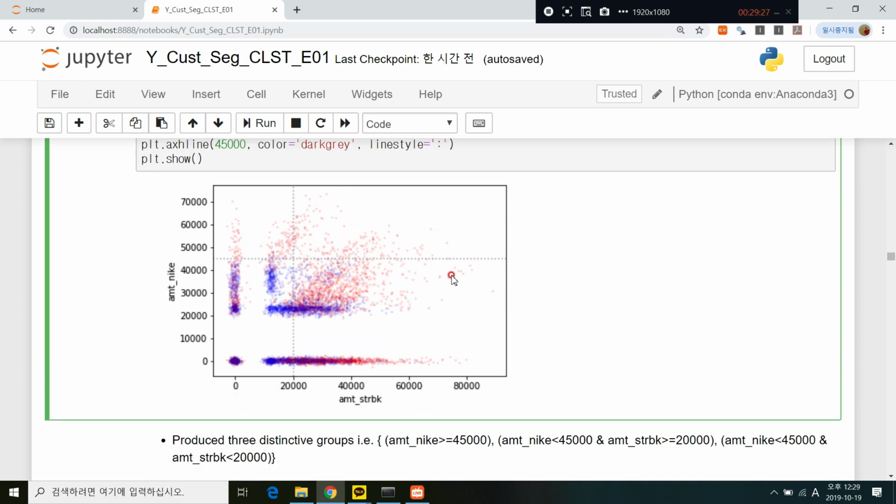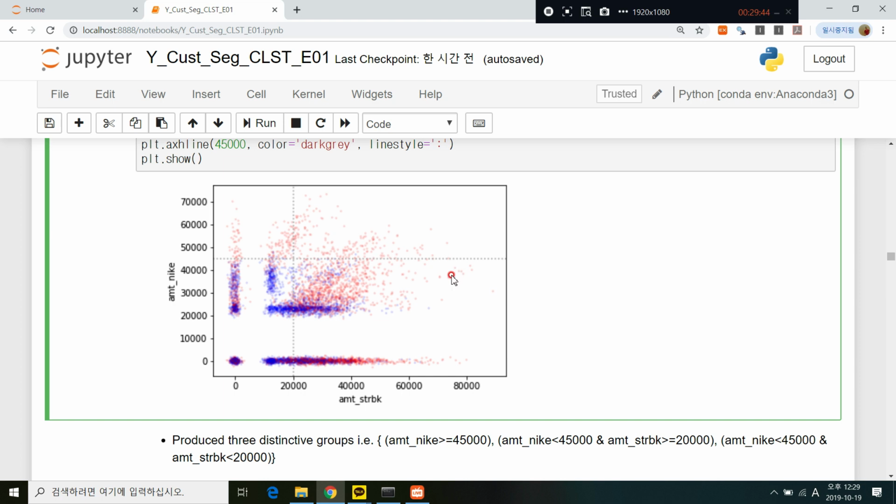Since we have 6,000 points, it's small data compared to real-world data sets, where most of the time we use samples like 100,000 or 200,000.